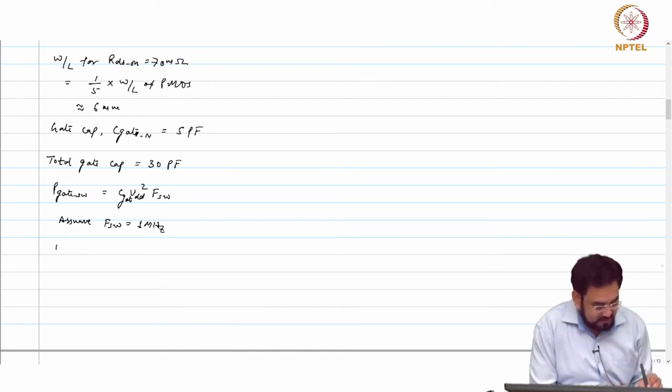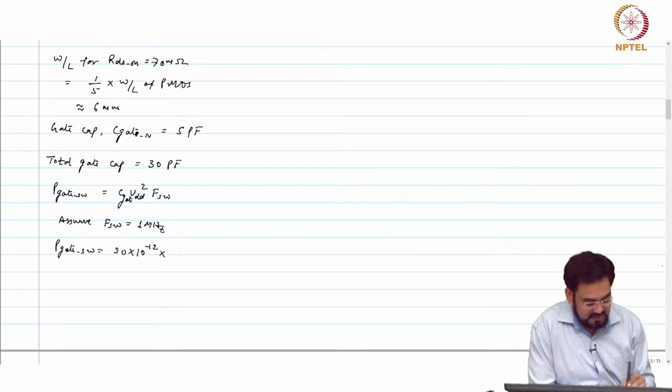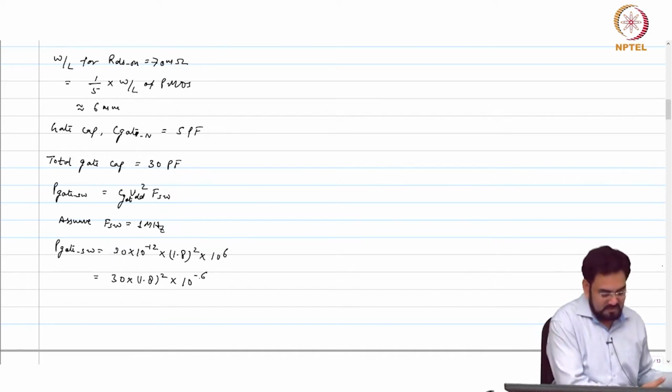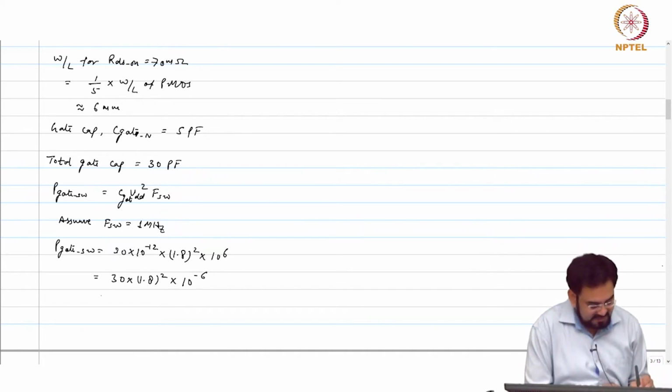So P gate SW is 30 into 10 power minus 12 into 1.8 square into 10 power 6. This becomes 30 into 10 power minus 6, so you get some micro, approximately 100 microwatt.